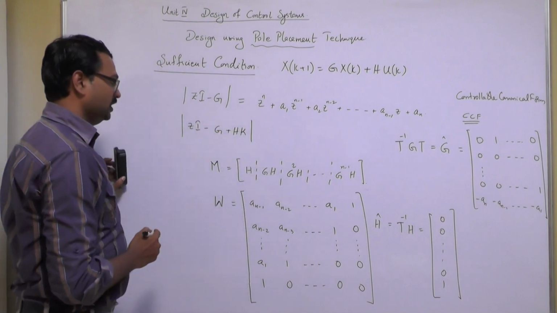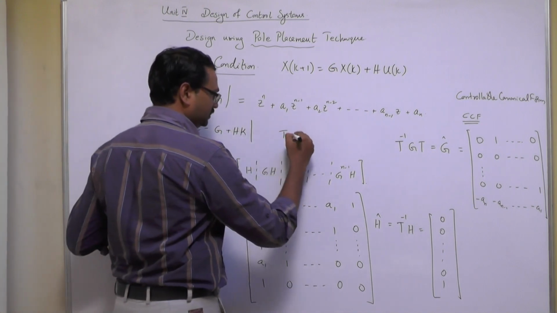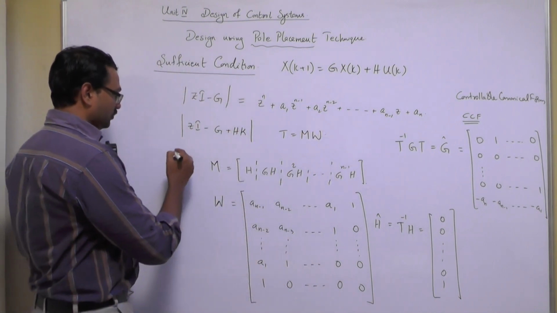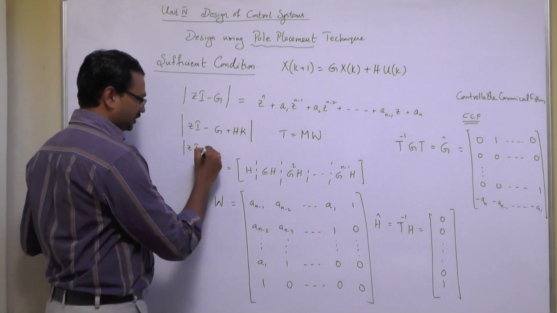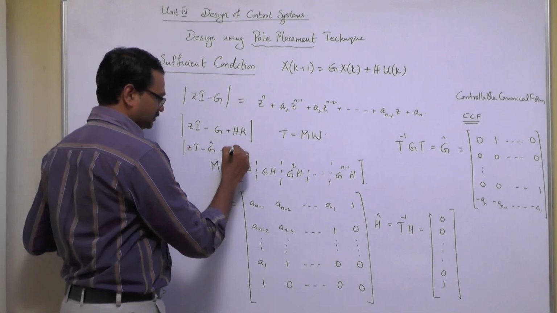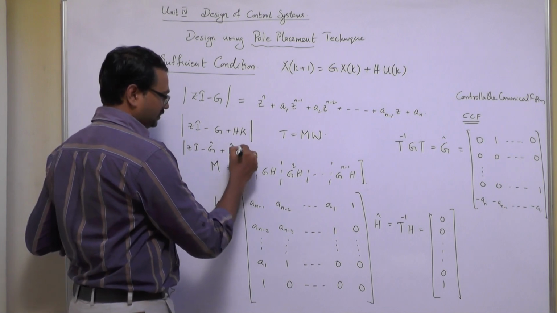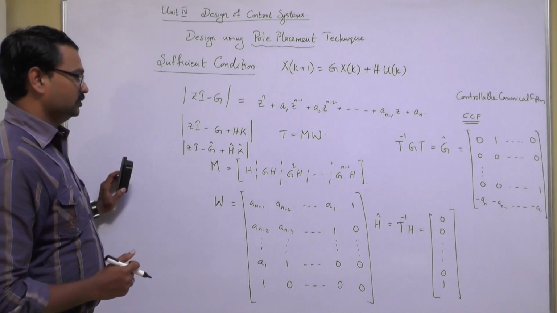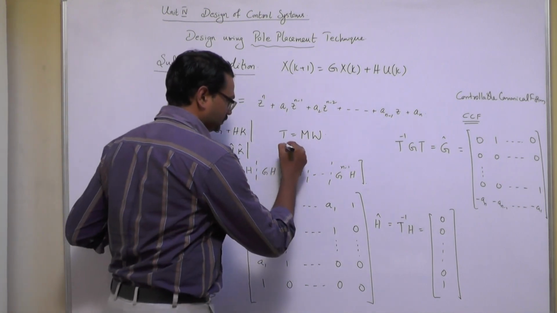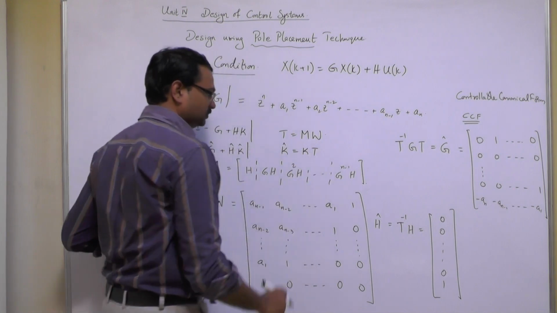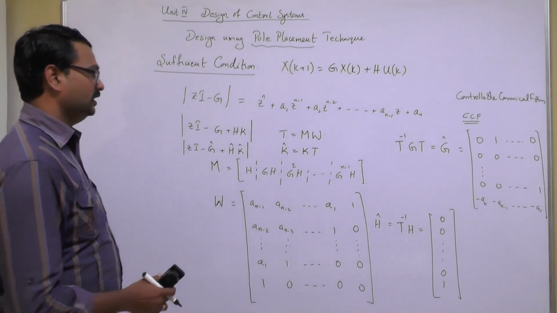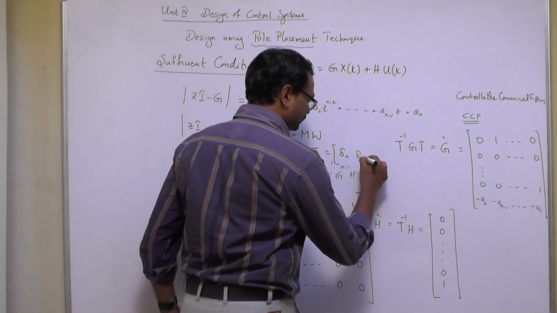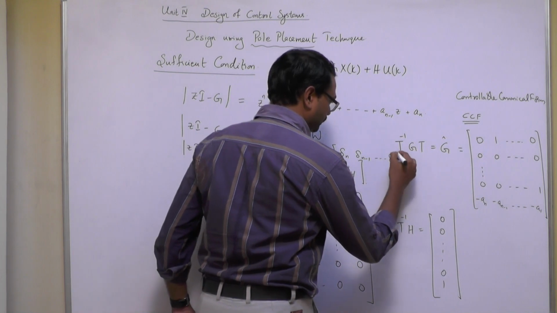Now applying T equal to MW, the transformation gives zI minus G cap plus H cap K cap, and K cap is equal to KT, which can be given as delta n, up to delta 1.